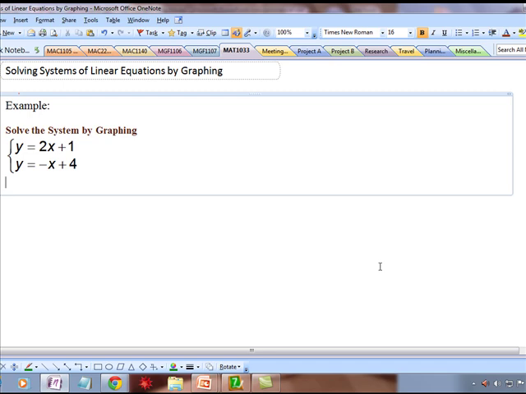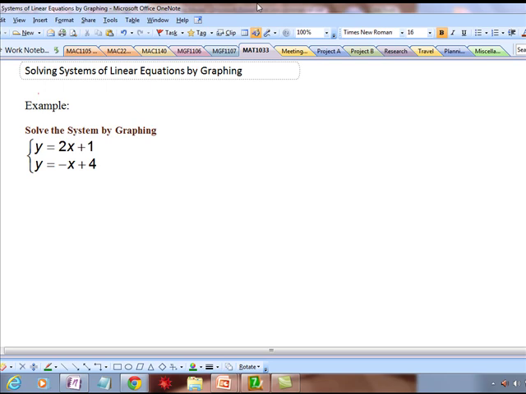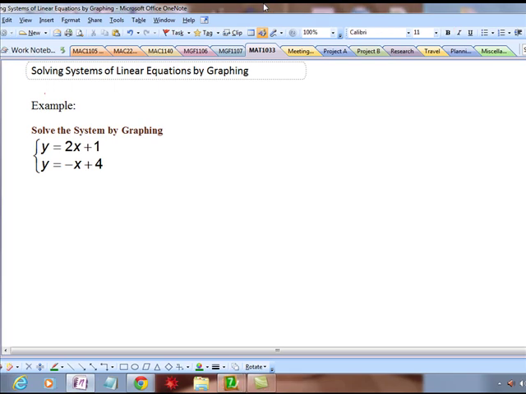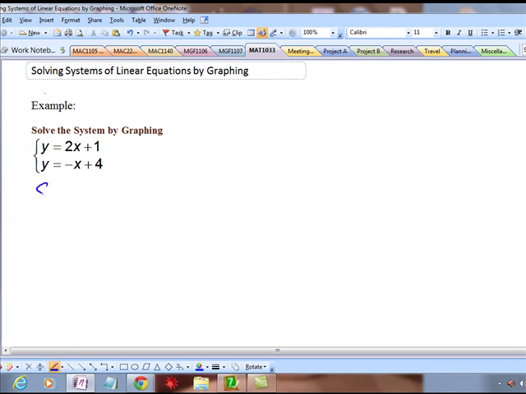Now, let us look at an example of solving a system by graphing. Solution.